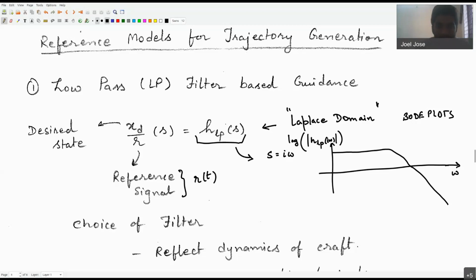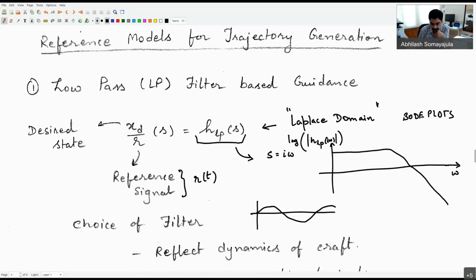Correct. So which means, let's say now in one case, R of t is given by this. And in the other case, R of t is given by this. Okay. When I give the first input to this filter, what will be my output?